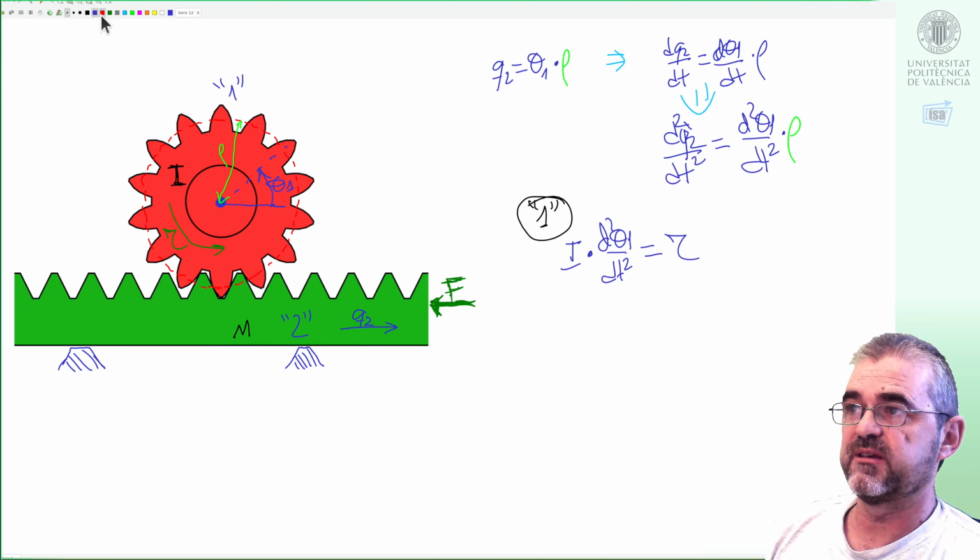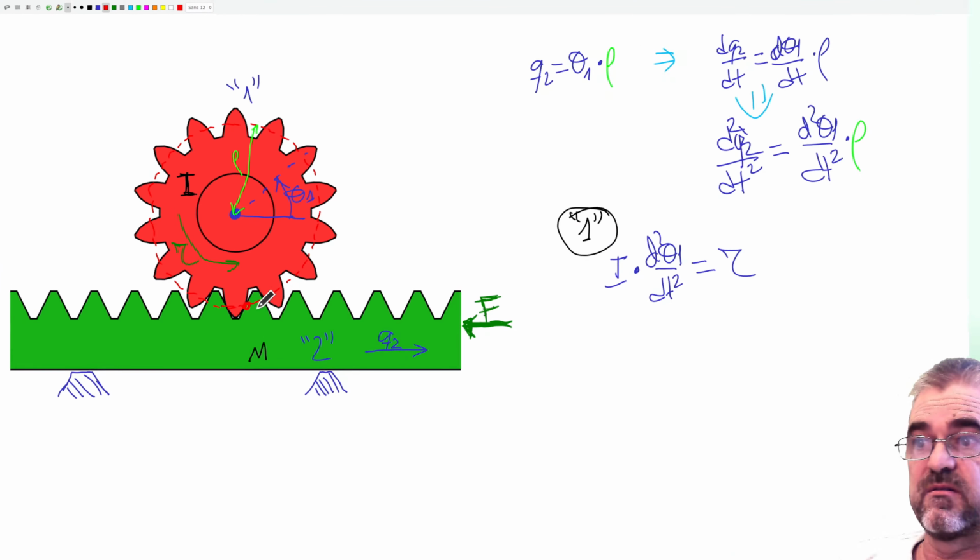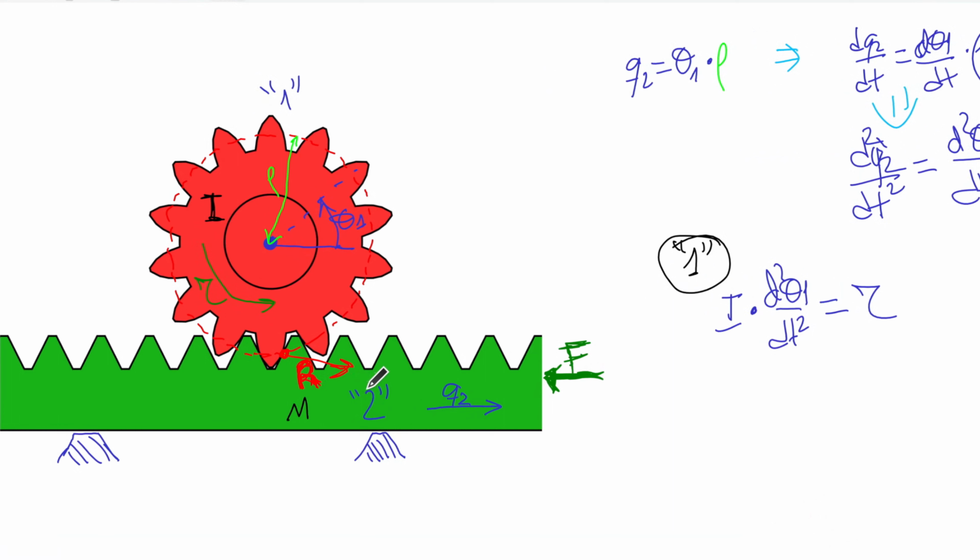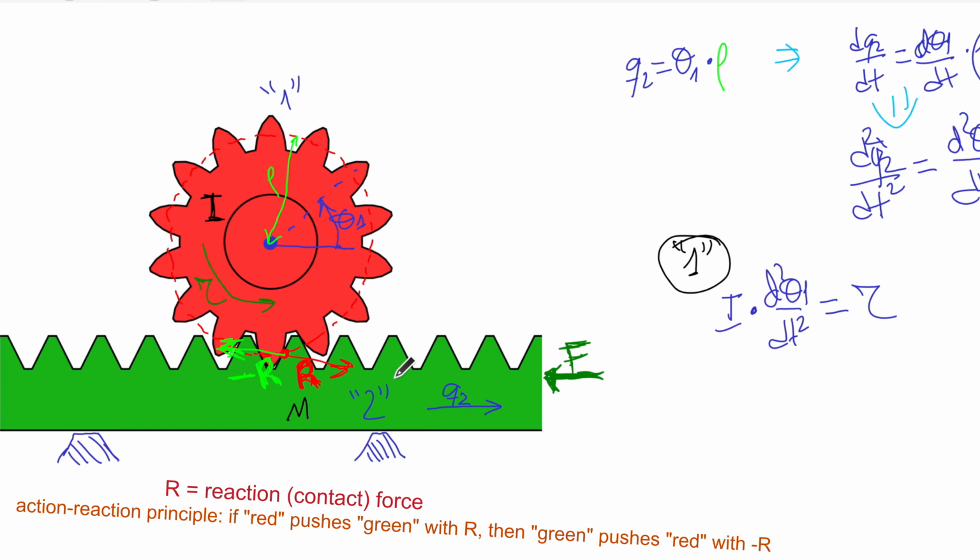There will be a reaction force, so that if somebody exerts tau, it will push the green body towards the right-hand side with a force R at the contact point, and conversely, in the torque balance, the opposite reaction force will be how the green body pushes the red one.